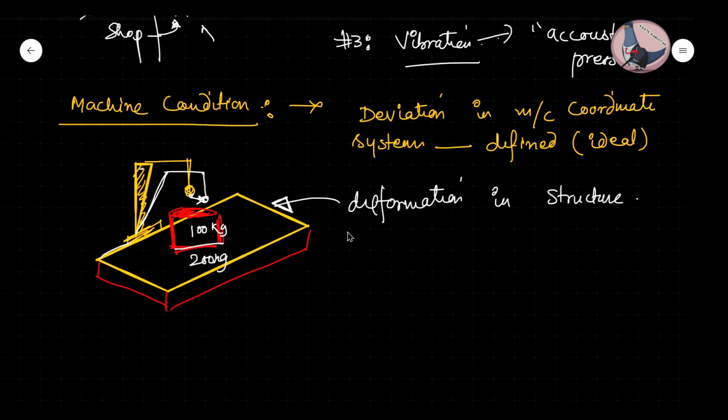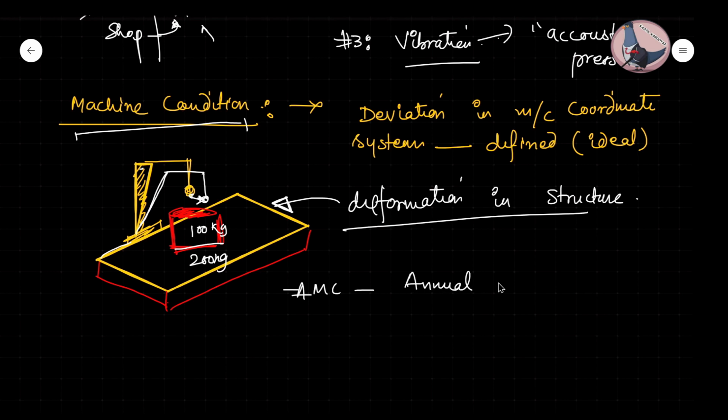So this type of poor machine conditions, which results in poor dimension inspection, has to be checked, and this is done by AMCs. AMC means annual maintenance check. So a company person will come, and you will be having some contract with the company person.